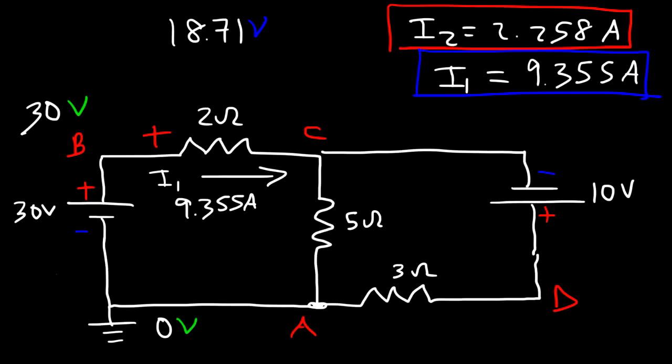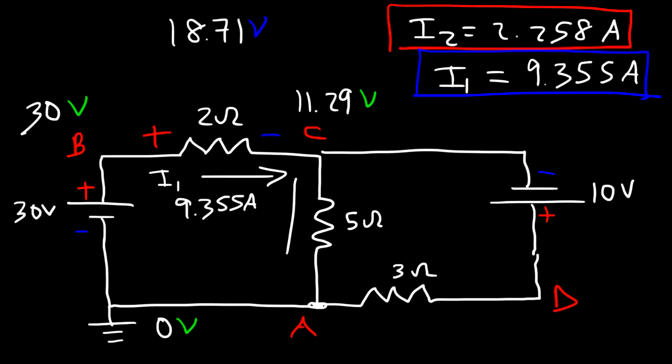So we know this is positive and this is negative. So as we go from B to C, the voltage is going to decrease by 18.71. So 30 minus 18.71, that means that the electric potential at point C is 11.29 volts. Now as we go from, let's say, C to A, the potential drops to 0.